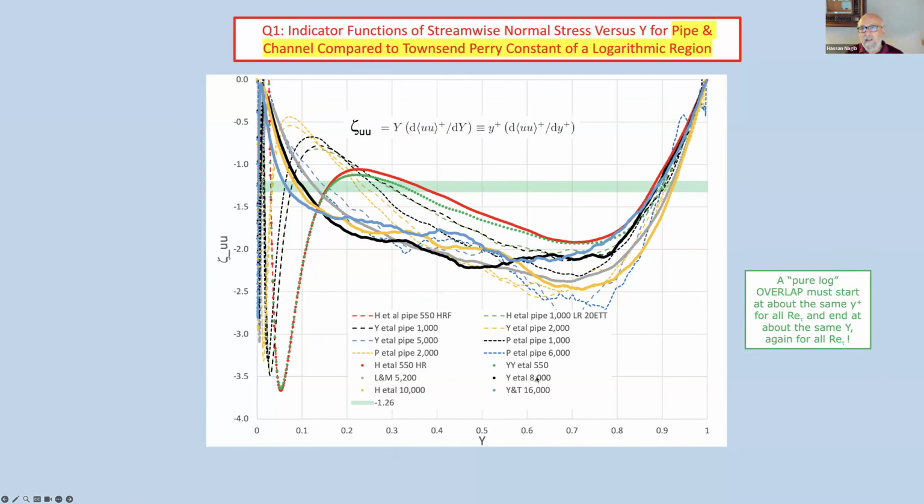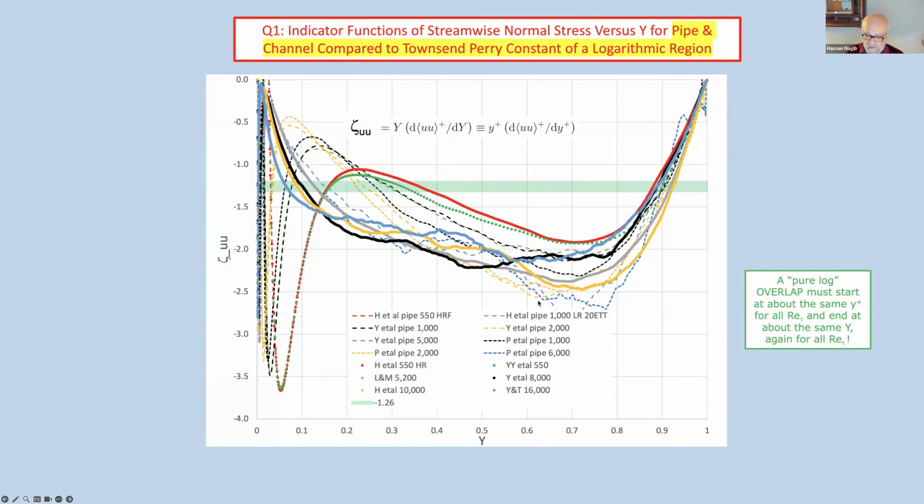You plot it with the outer variable. If the ideas of the attached eddy and so forth are correct, you should get a log part. A pure log, but remember, it must start at the same y plus, and it must end at the same big Y. Well, they do seem to end at the same big Y, but there is no log.